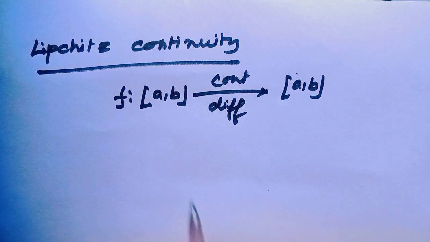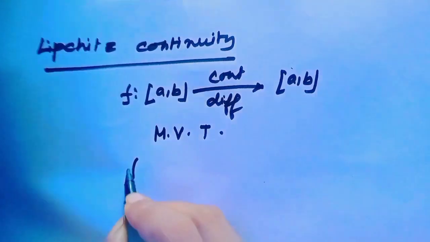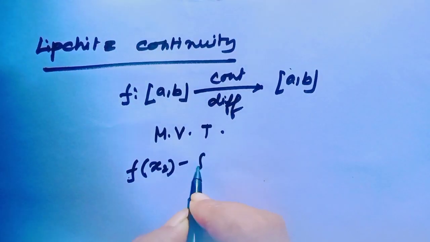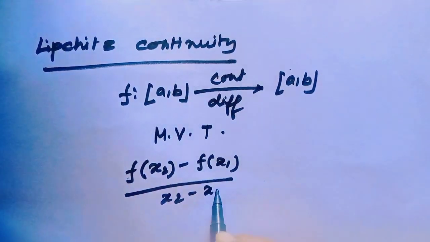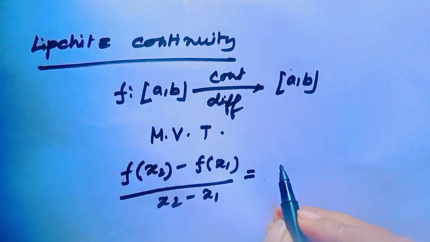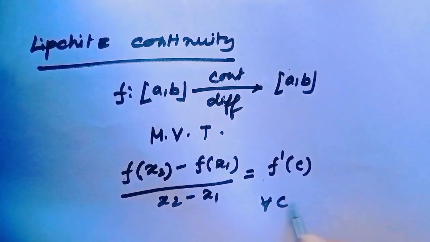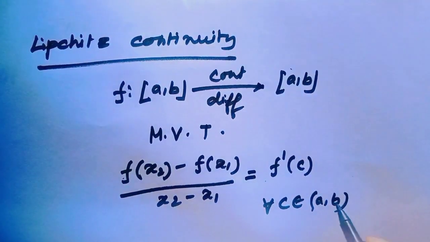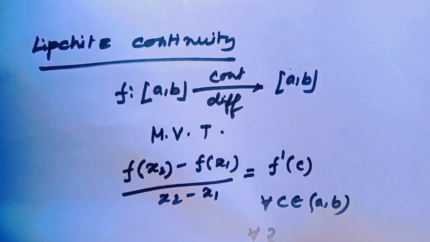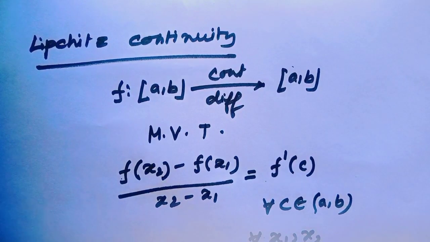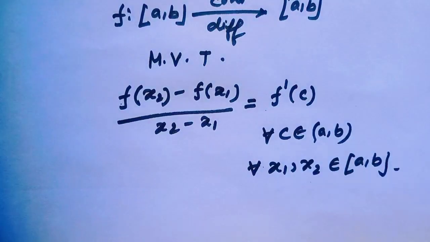By the mean value theorem, we can tell that (f(x2) minus f(x1)) over (x2 minus x1) equals f prime of c, where c belongs to the open interval (a, b), and for all x1, x2 belonging to the closed interval [a, b].